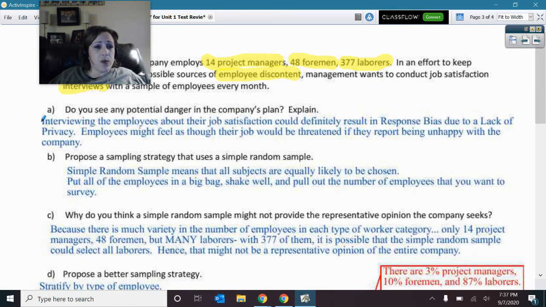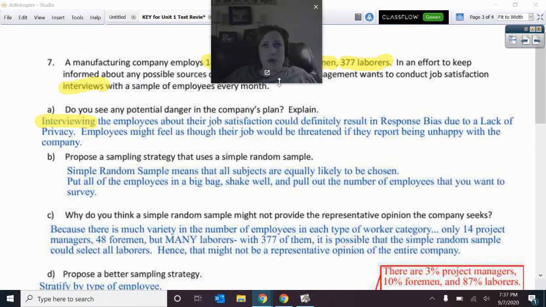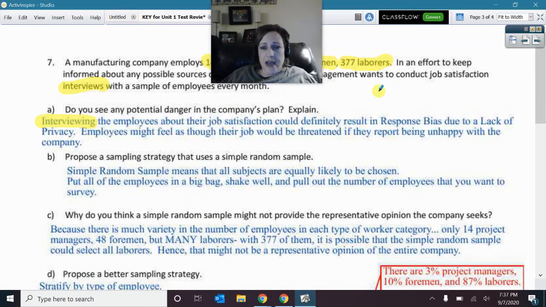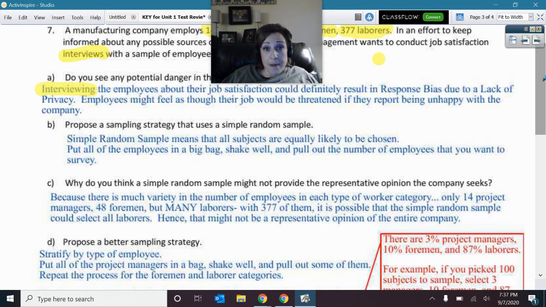Heck yeah, I see problems. They're interviewing employees about their job satisfaction, so the employees might feel as though their job is in jeopardy if they report unhappiness or discontent with the company. So they might feel pressured to answer one way or the other.